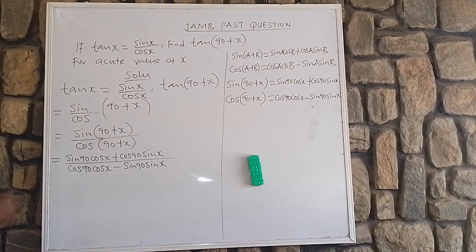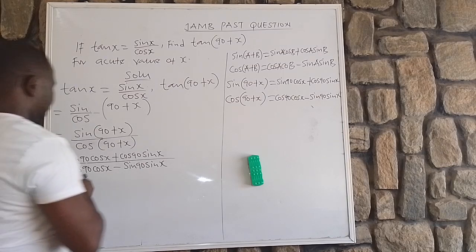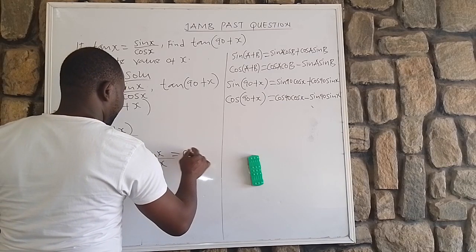Okay. So now here sine 90 degrees will give us what? 1, right? So 1 times cos x, we are going to have cos x.